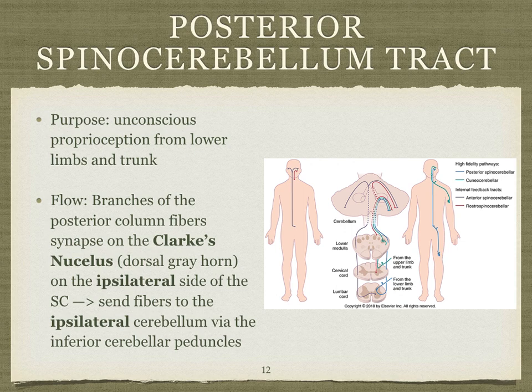That axon then goes out of the gray matter into our white matter lateral column and ascends up through our medulla, our pons, our midbrain, does not hit any nuclei, and just goes straight through that inferior cerebellar peduncle, and then it synapses in the cerebellum. That would be the blue one that we see in our little image here, starting, say, in our quad, going to our spinal cord, and then straight up to our cerebellum on the same side.